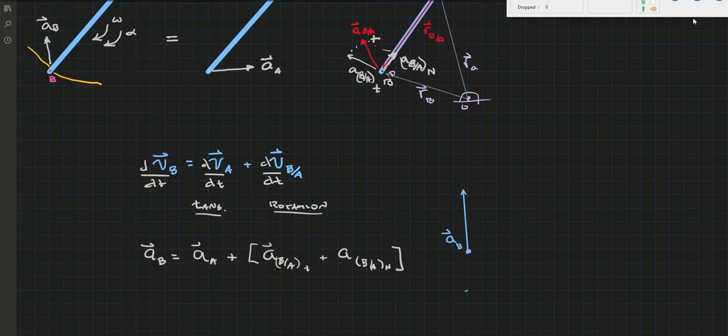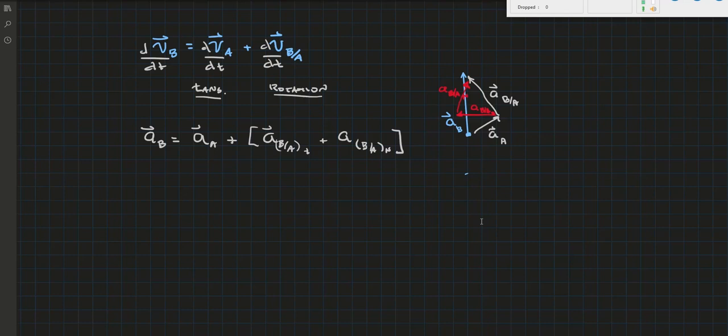So our acceleration of B vector equals an acceleration of A plus an acceleration of B with respect to A. And this, again, can be broken down into two components, a tangential and a normal component. So this is acceleration of B with respect to A tangential and the acceleration of B with respect to A normal.